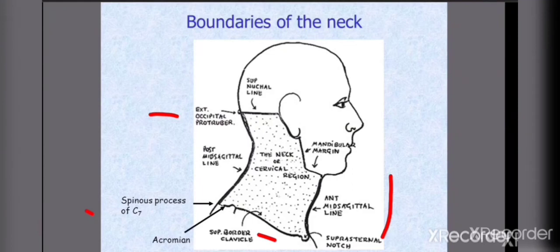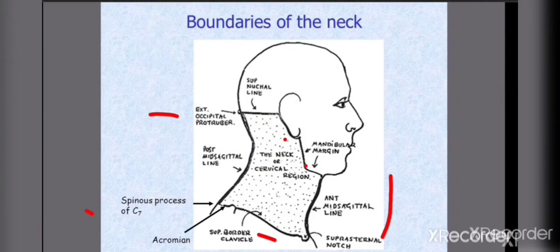And above we can see there is the superior nuchal line, then an imaginary line from the angle of mandible up to the mastoid process. So over here we have the angle of mandible, and over here we have the mastoid process. Then the lower margin of the body of mandible. So this is the superior boundary. Inferiorly we have the superior border of the clavicle and the acromion process of the scapula.